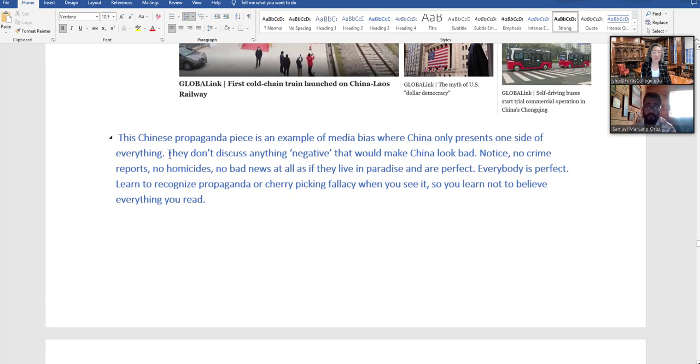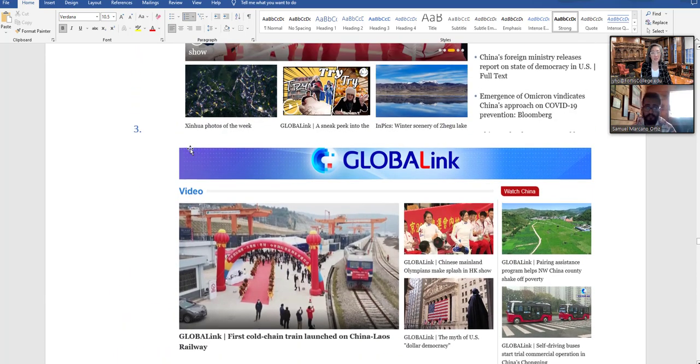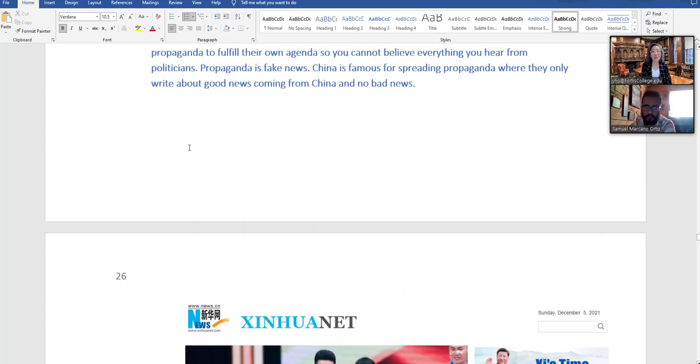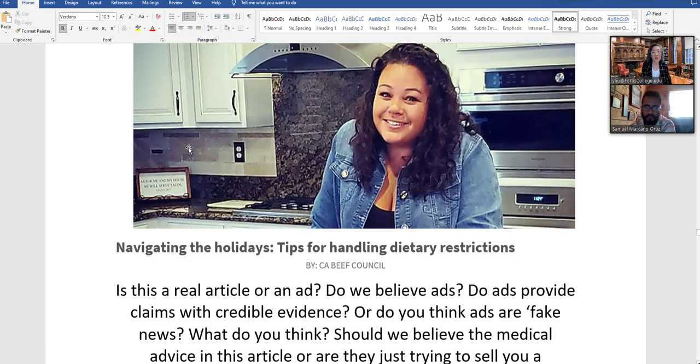And so this is an example of media bias, where you just cherry pick your facts and only talk about one side of an issue instead of both sides. If you only talk about one side of an issue, that's known as a biased, partisan fallacy. Not just propaganda, but all of these are one-sided.